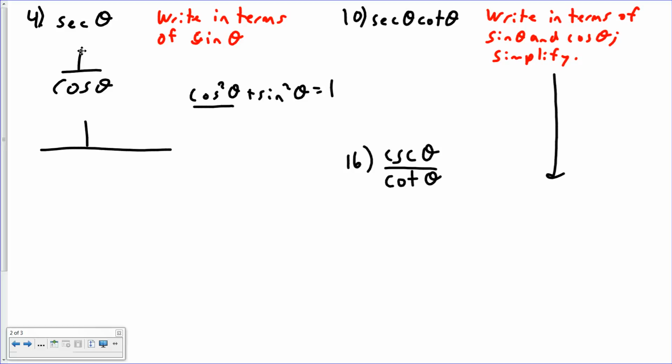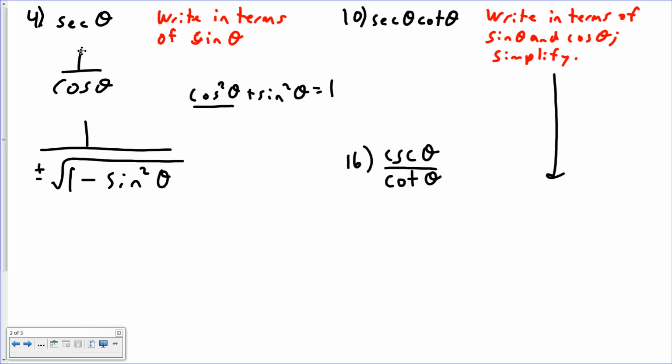And so that's what I'm going to want to write. 1 minus sine squared theta under the square root, plus or minus. And now this is only in terms of sine theta, which is what the directions say. Remember the different ways of manipulating that Pythagorean identity, and then we want to substitute it in.